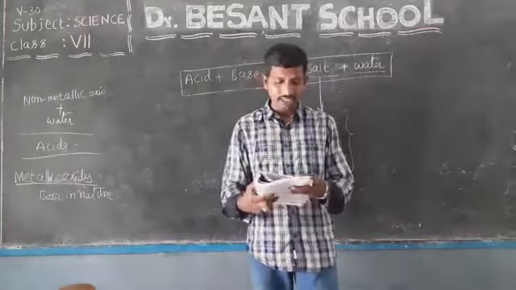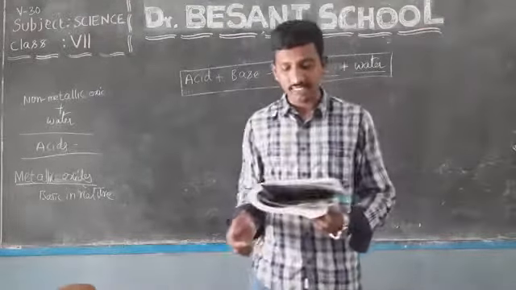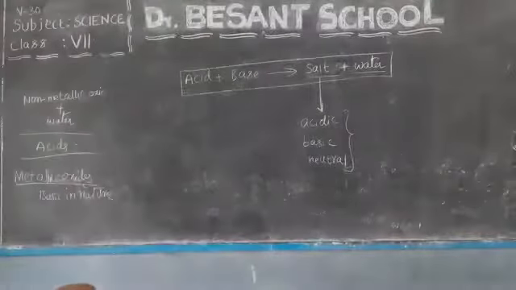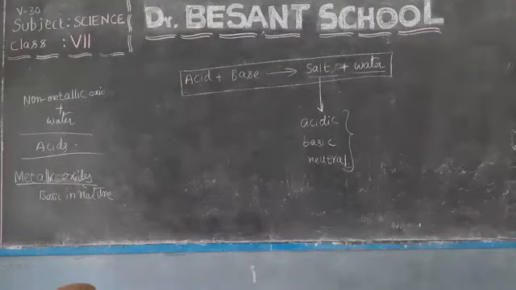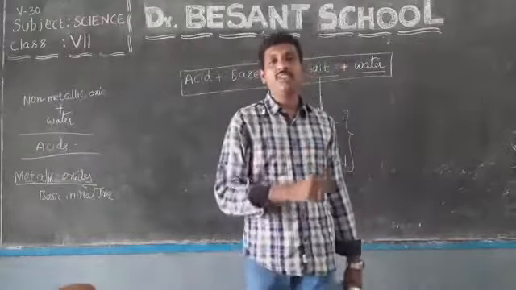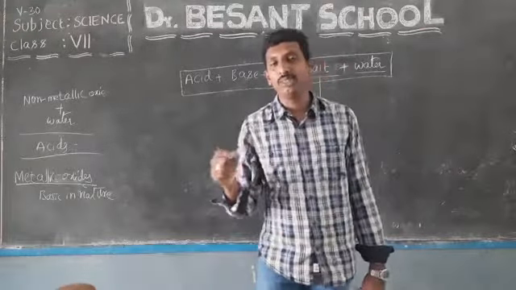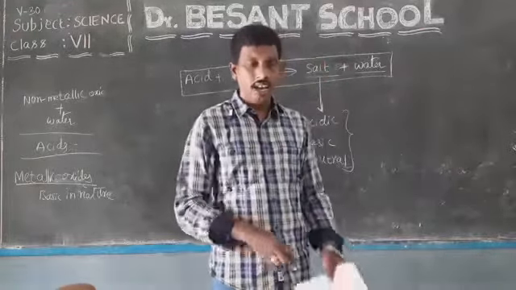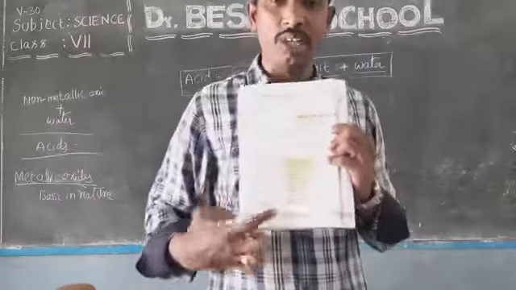And at the end of the lesson, you have some important acids, bases and salts: uses of acids, uses of bases and uses of salts. So I ask every student to go through this table portion.